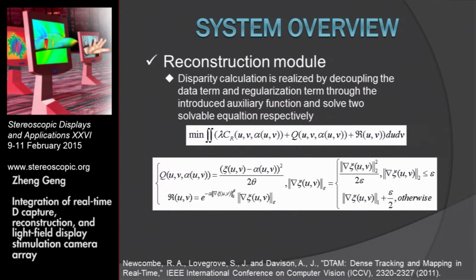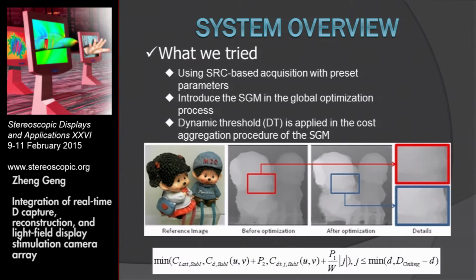So the whole expression is not a non-convex problem anymore, and could be solved by some iterative algorithms, or by some dual problems. So this is what we try to solve.